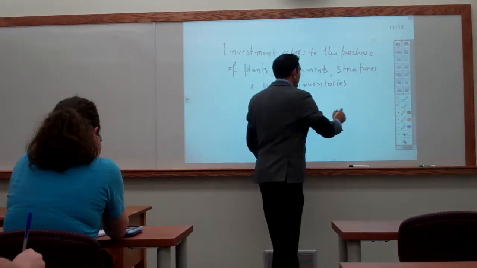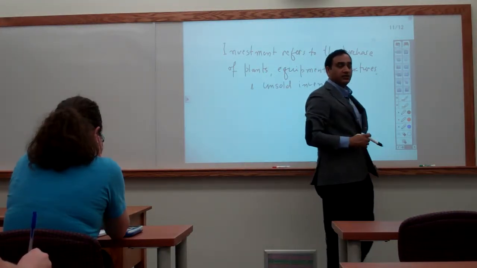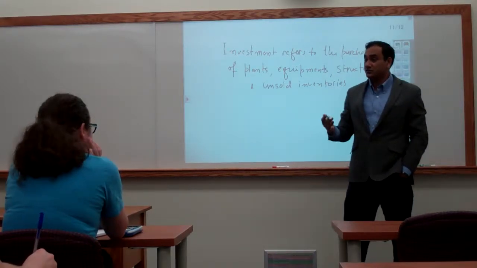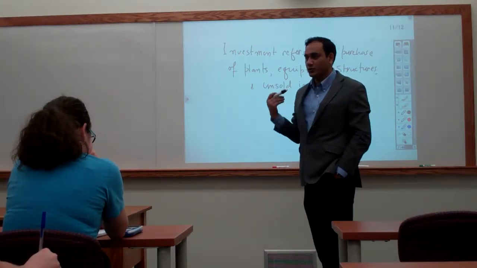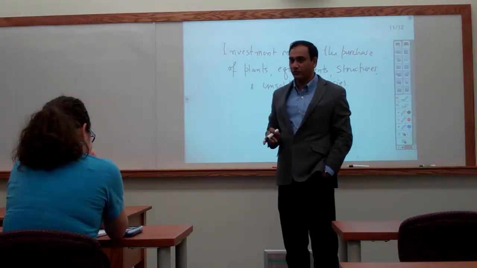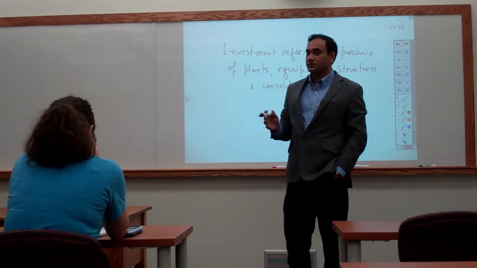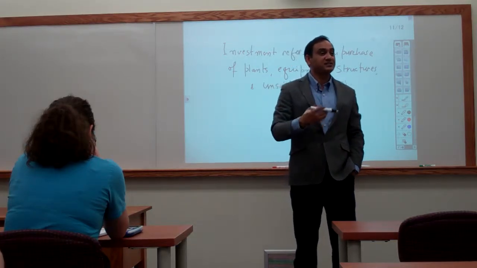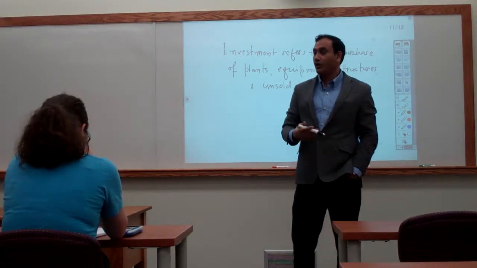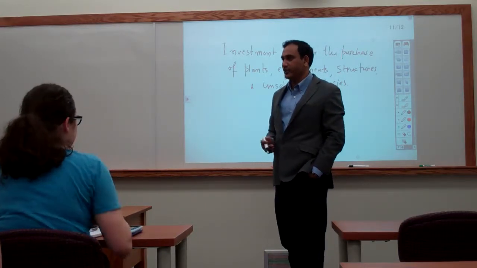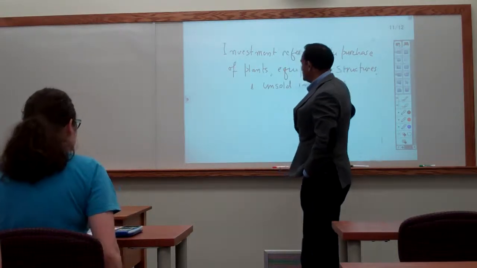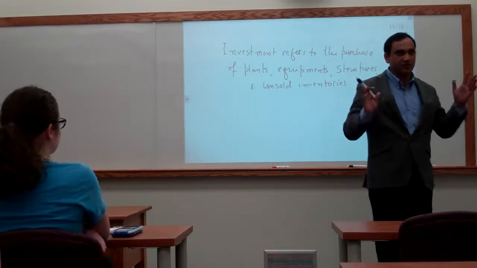Also, if you remember from national income accounting, the purchase of new housing by households is also included in this. When you buy a new house, the Bureau of Economic Analysis treats it as an investment, and not as your consumption. But don't worry about it. Structures will capture that aspect. We just want to keep it simple.